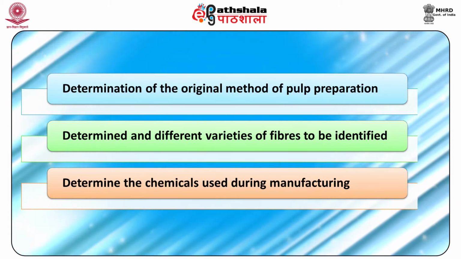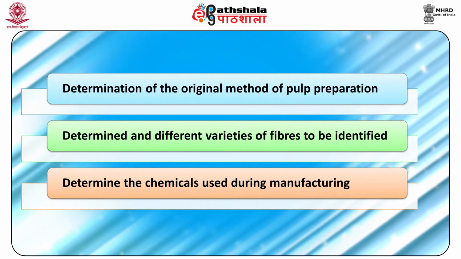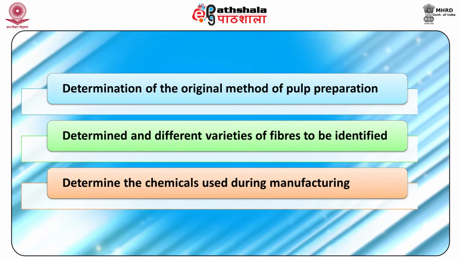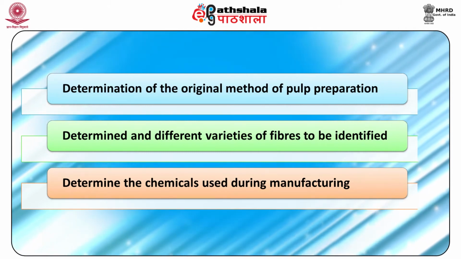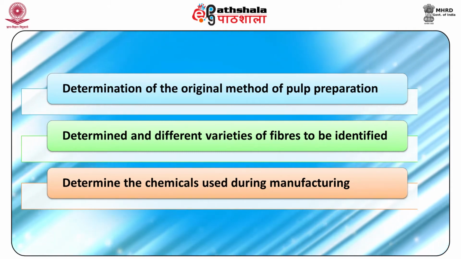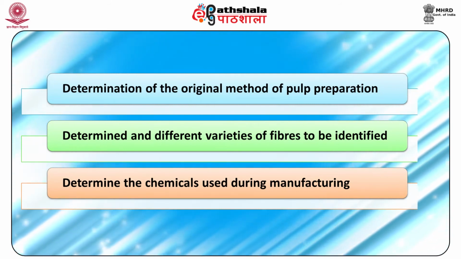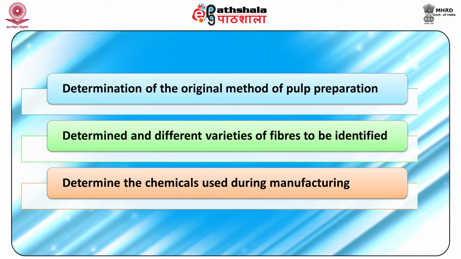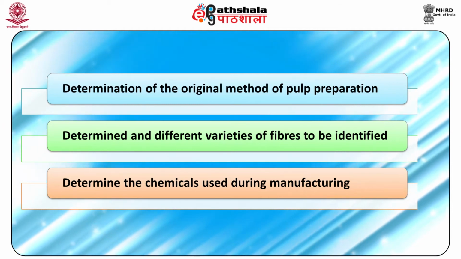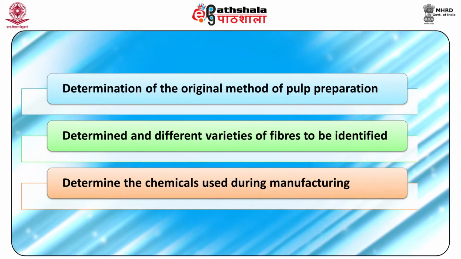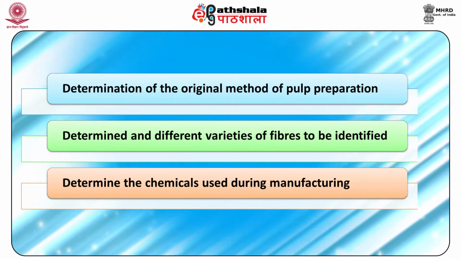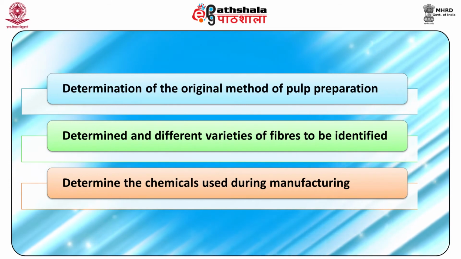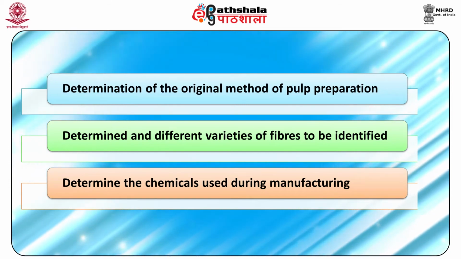These can be materials such as cotton, grasses, and straw, and many varieties of fibers from different species of wood. Tests can also be performed to determine the chemicals used during manufacture to prepare the pulp from shredded wood.